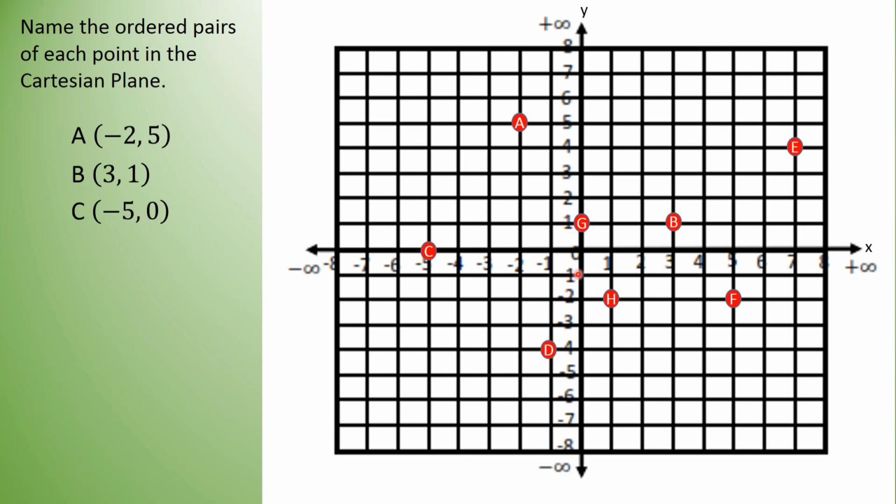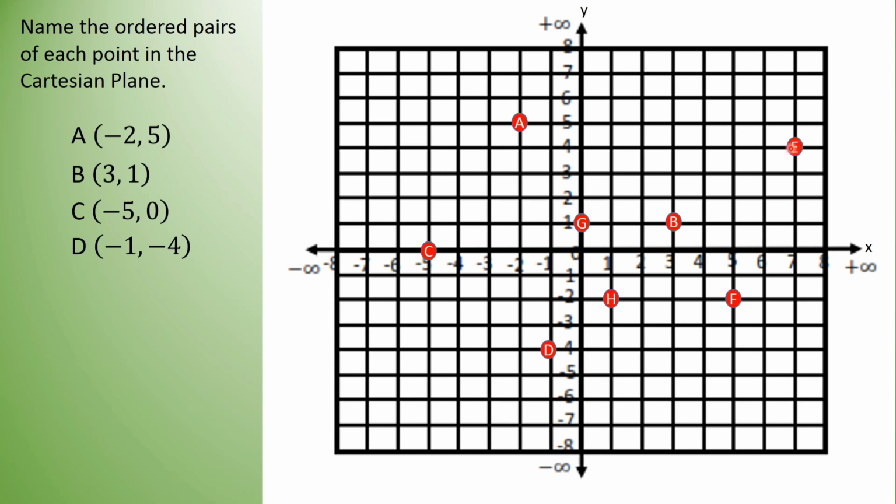Next, point D. So point D is located here. And considering first the value on the x-axis, we have here -1. And then on our y-axis is -4. So point D is composed of the ordered pair -1, -4. Next, let us name point E. So considering the value on the x-axis, we have +7.